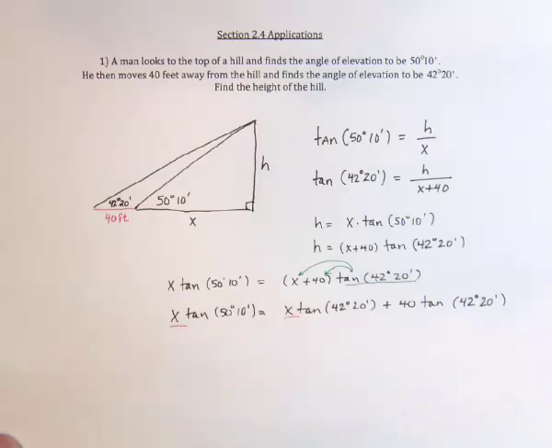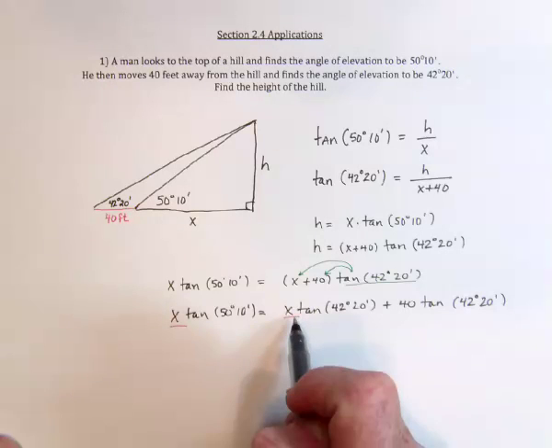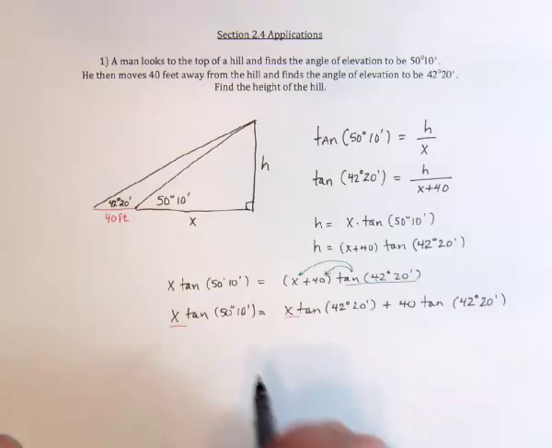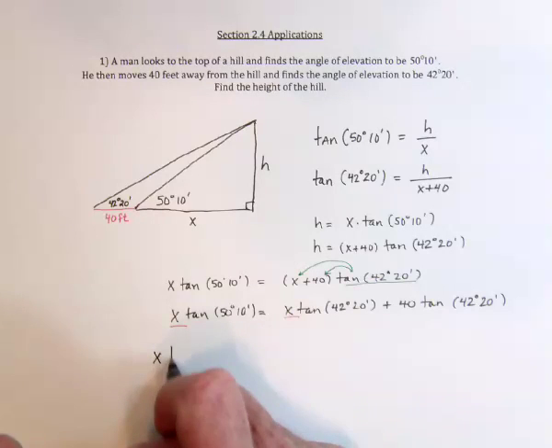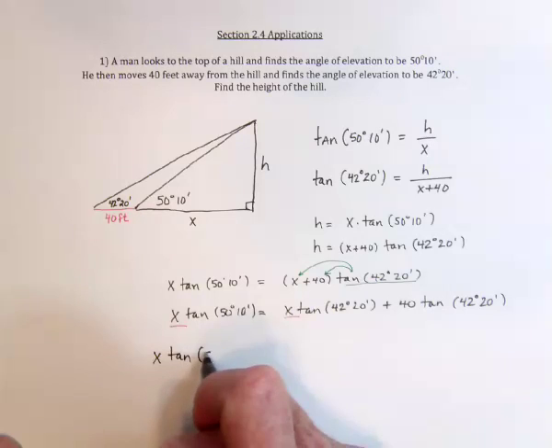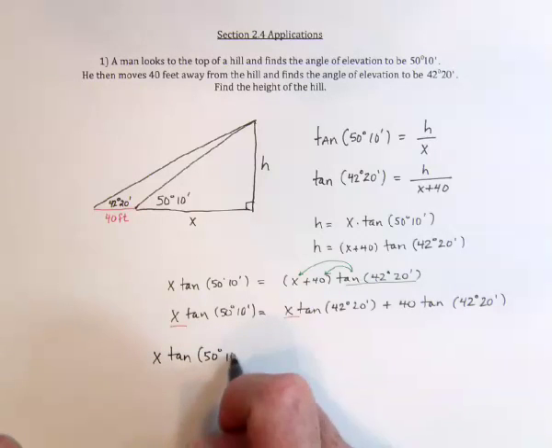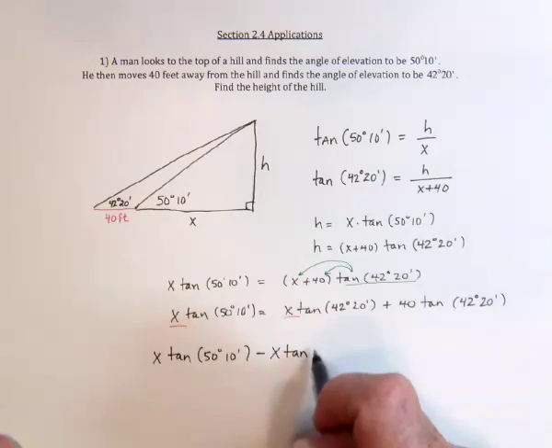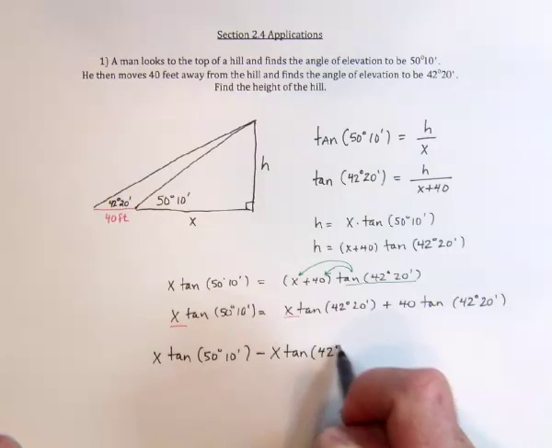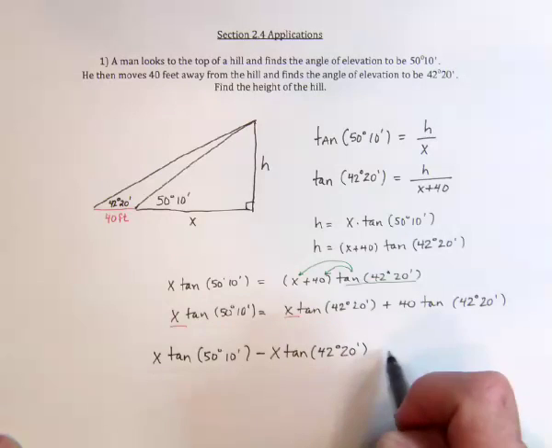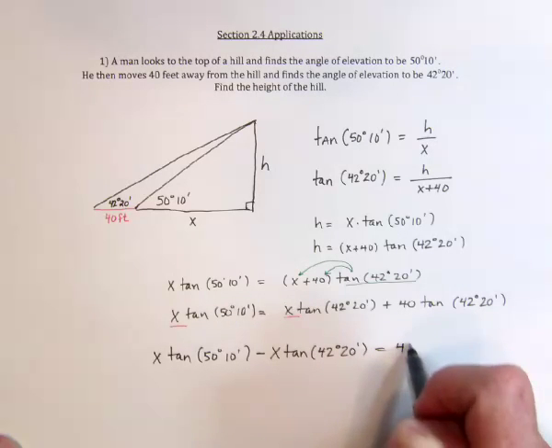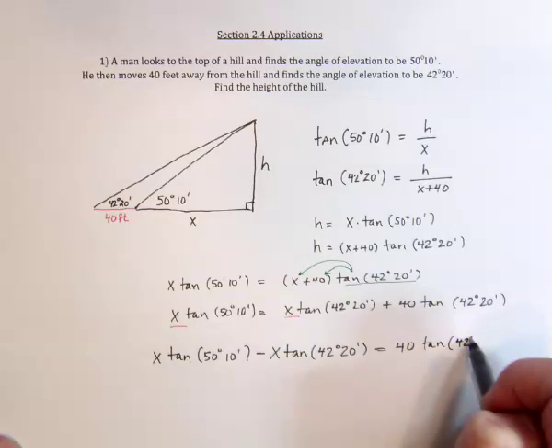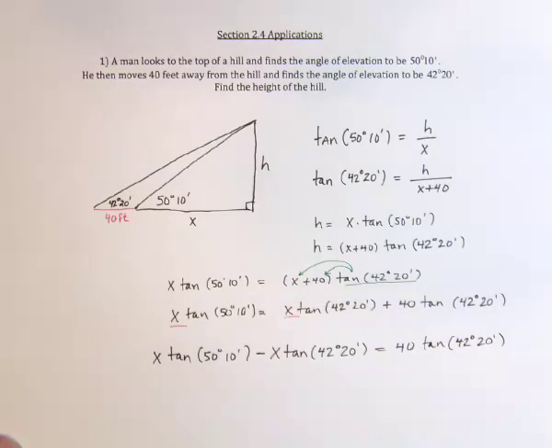So what I should do is put both of those on one side. I'll take this one and subtract it from both sides. So put them on one side of the equation. And then on the other side, leave the one that has no x's, just the 40 tangent of 42 degrees 20 minutes.